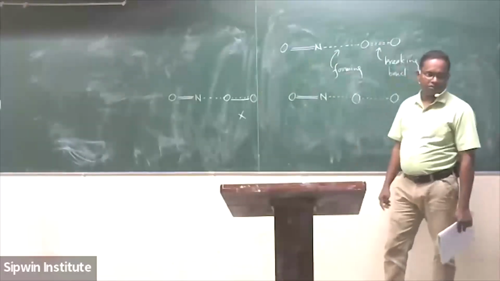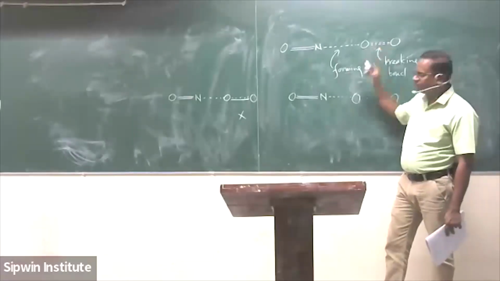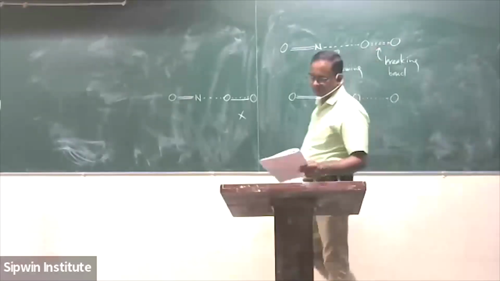So both become weak, sigma bond and pi bond. Like this. Then you have to mark that breaking and forming.